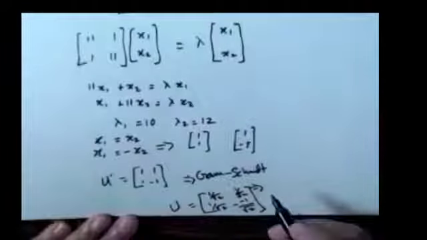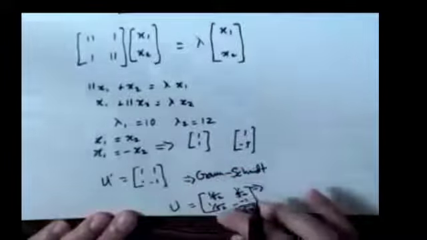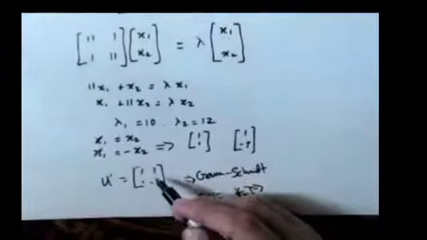But if there were some other values, we might have ended up with a different set of values over here. The concept is that you first normalize the first vector by dividing it by its magnitude, and then you use that to express the second vector in terms of the first vector, right?